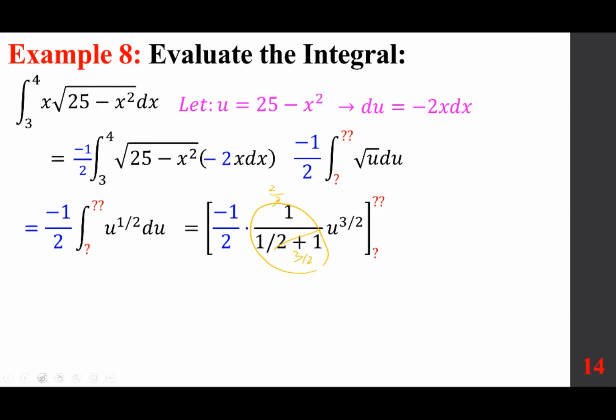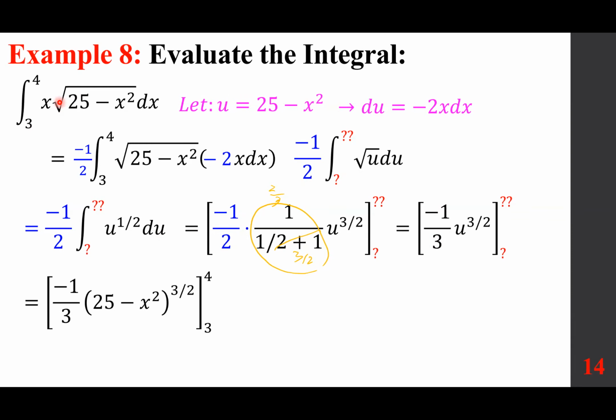When we multiply negative 1/2 and positive 2/3, we get negative 1/3. Product of these two numbers, negative 1/3. So we can go back to the original variable and replace the u with 25 minus x squared and use the original limits 3 and 4.